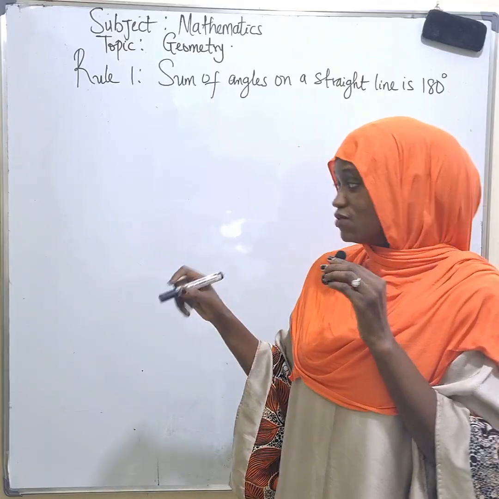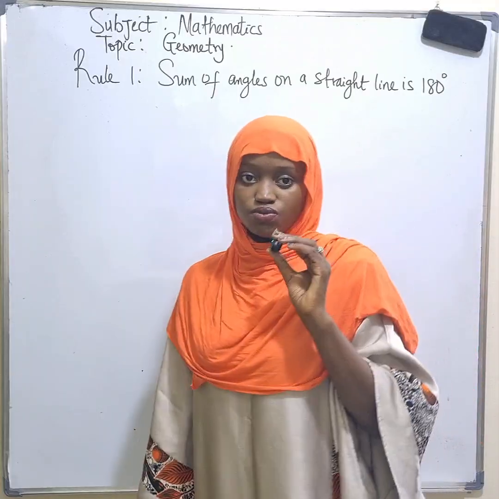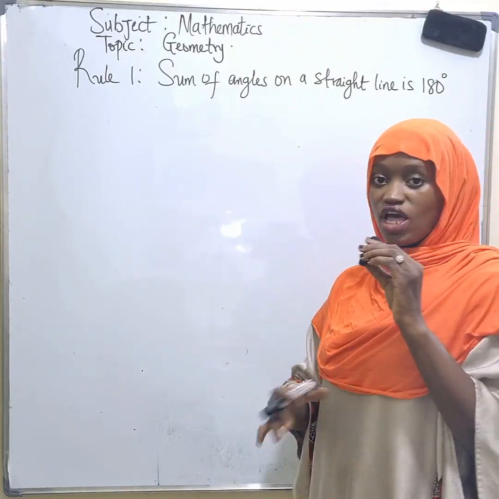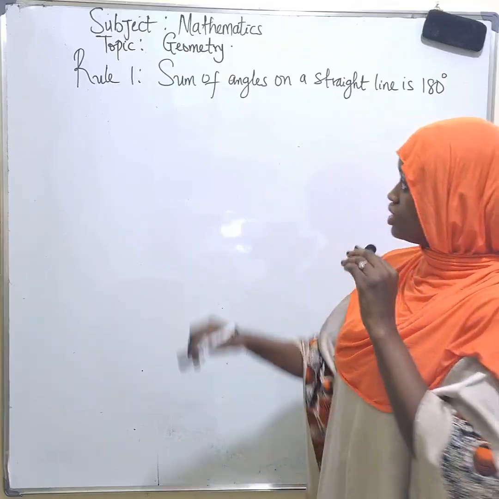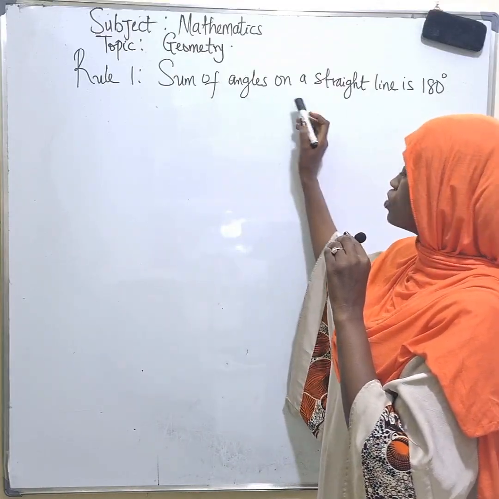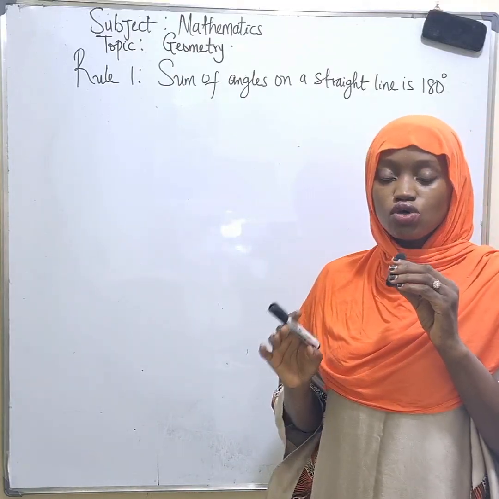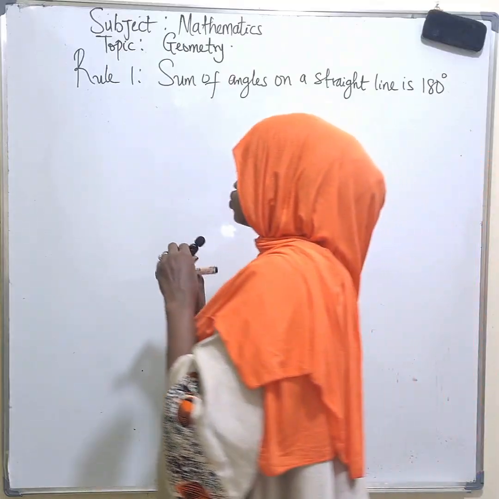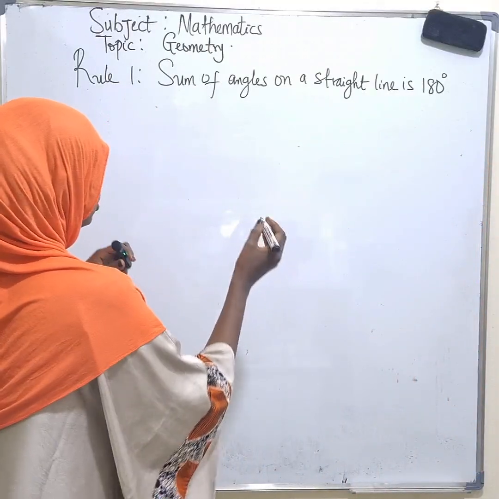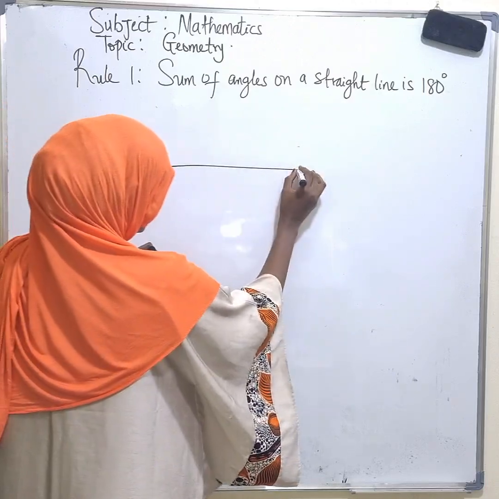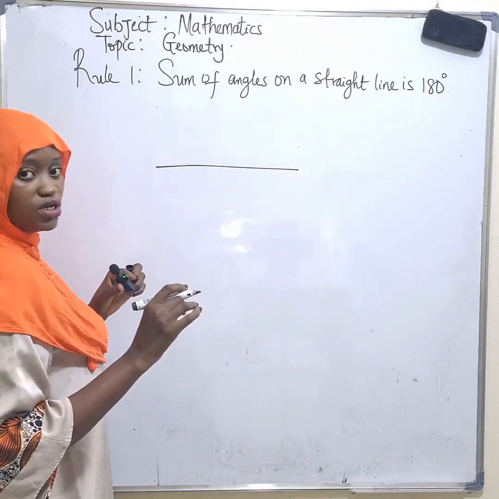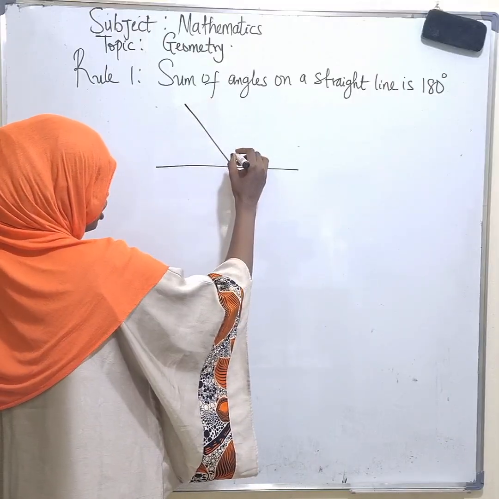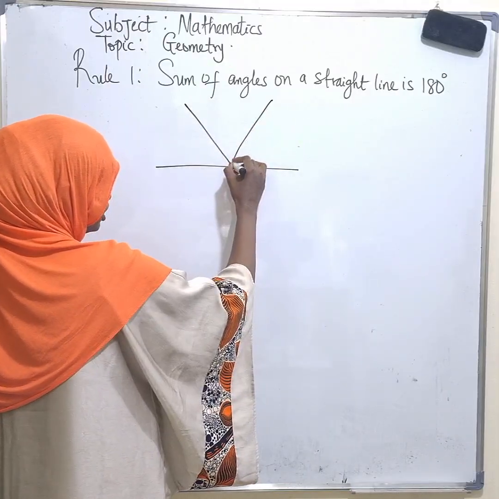So let's get started. The first rule under geometry you need to know at the foundation level is that the sum of angles on a straight line is equal to 180. So what this means is if you have a straight line like this, and you have different angles on this line, let's say you have an angle here, you have another angle here.